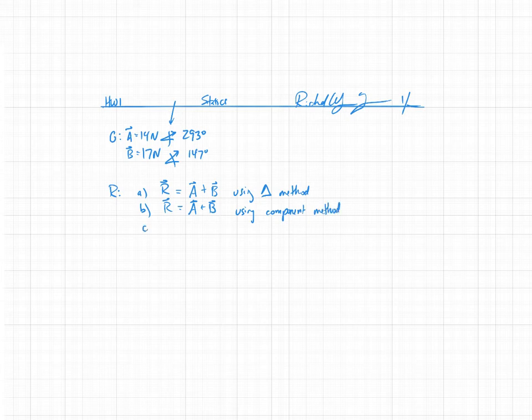And then C, it didn't really say C, but confirm that R from A is the same as R from B. Okay, now it explicitly says to take your answer from B and turn it into polar notation, but whatever.